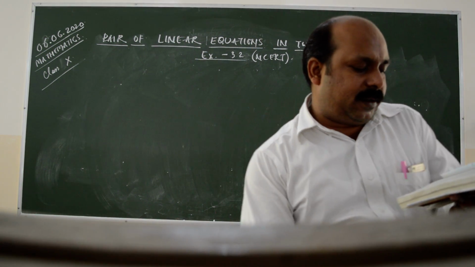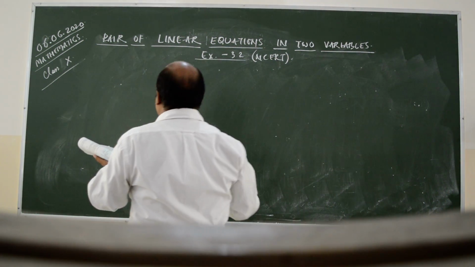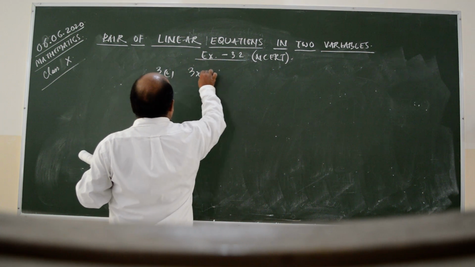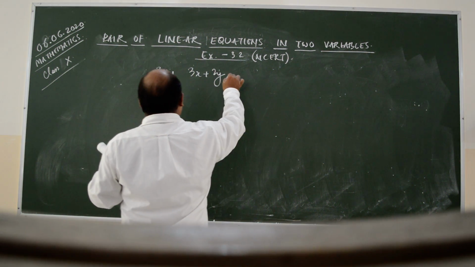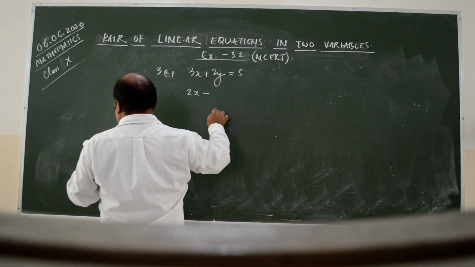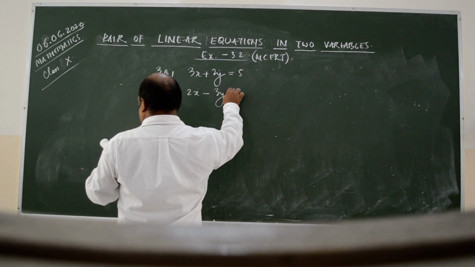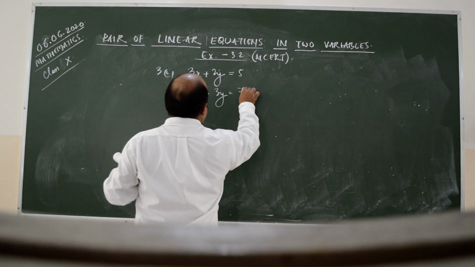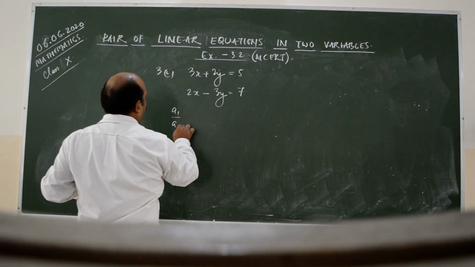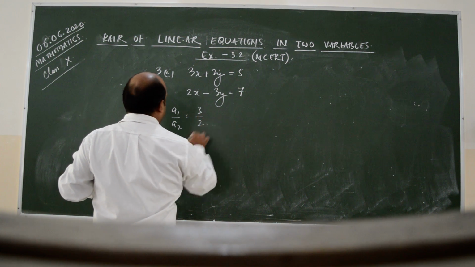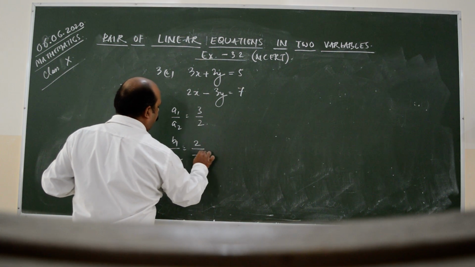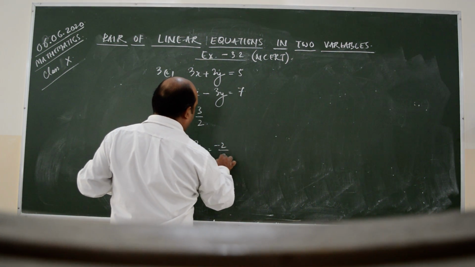Let me take question number 3, part 1. So it is 3x plus 2y is equal to 5 and 2x minus 3y is equal to 7. Now we will compare A1 by A2, 3 by 2, B1 by B2, so 2 by -3, that is equal to -2 by 3.